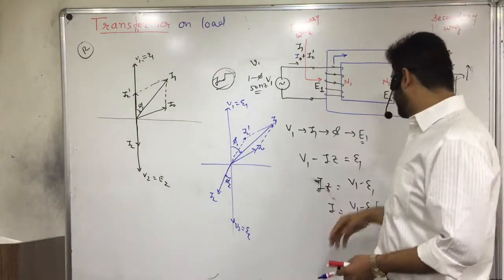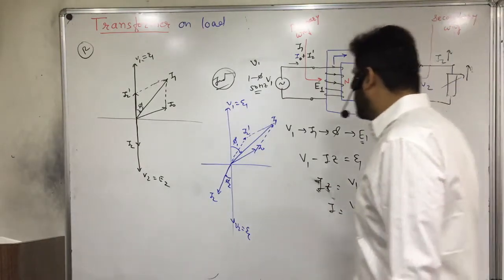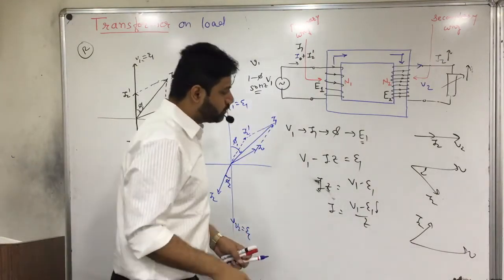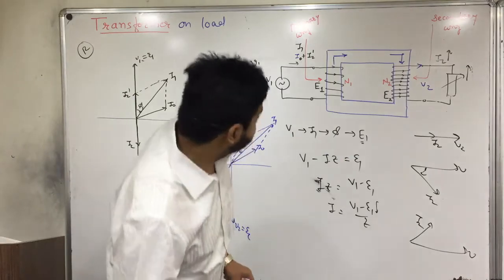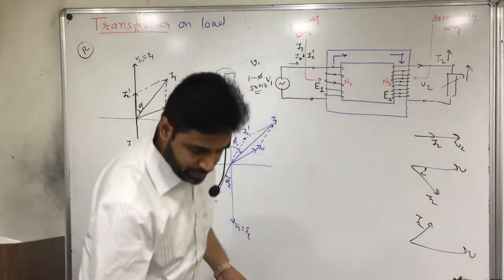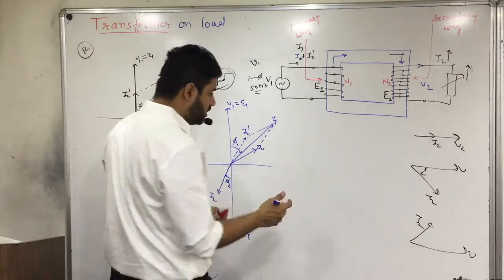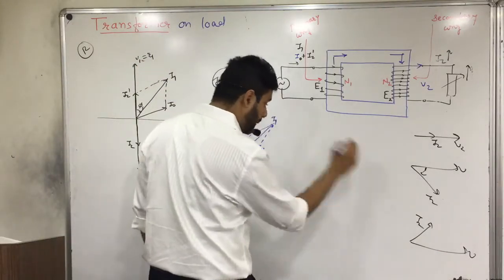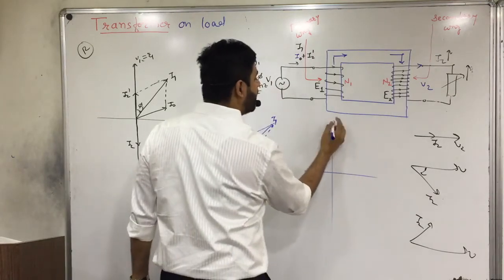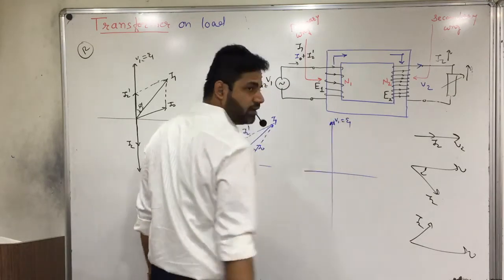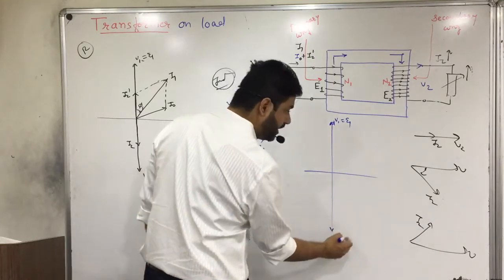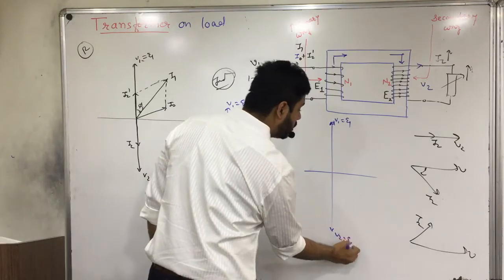And now if I consider a leading load, what will happen? To draw the leading load, I have to do something first. So let me rub this out and write it again, or you can even rewind it and draw that thing again. So let's see. We again have V1 equal to E1, and V2 equal to E2.